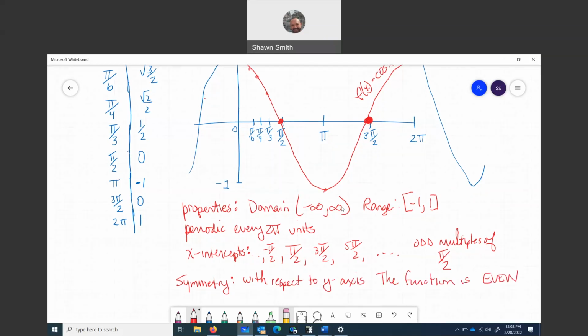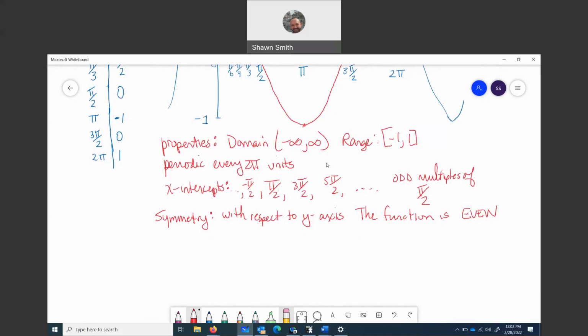So if a function is even, it tells me that if a comma b is on the graph, then its opposite x value creates the same y value. So if I have a cosine of a negative angle, a negative x value, it creates the same as the cosine of that positive angle.